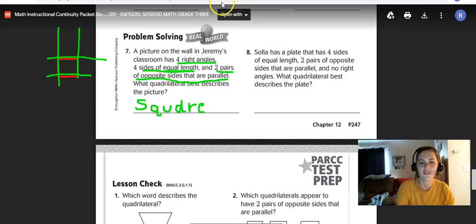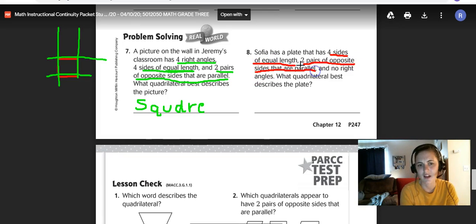Okay. I'm going to read this one for you, and I'm going to point out a few things, but I think I'm going to try and let you do this on your own, see what you do. So it says, Sophia has a plate that has 4 sides of equal length. That's quite like our square over there. It has 4 sides of equal length. It has 2 pairs of opposite sides that are parallel.